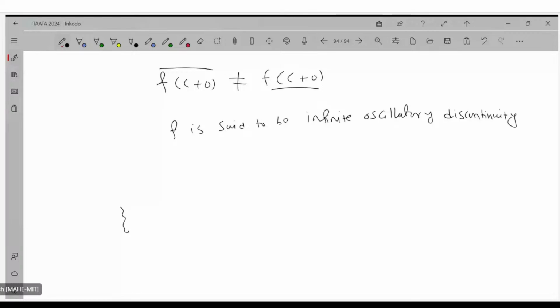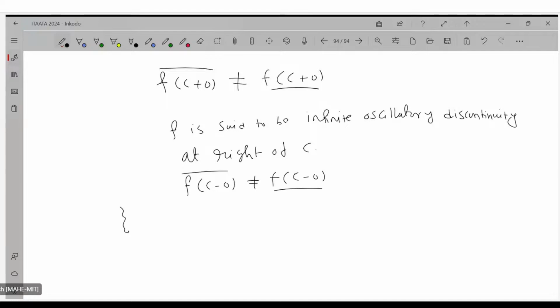The word 'in' is not good because c is an interior point, so just right of c. Similarly, if f of c minus 0 upper is not equal to f of c minus 0 lower, then what will we say?